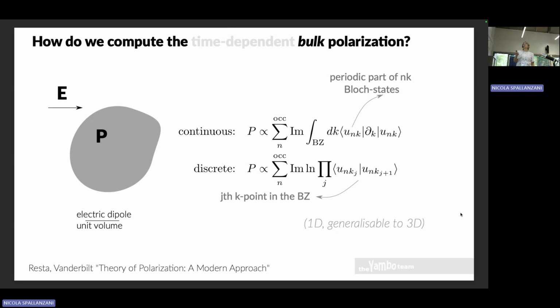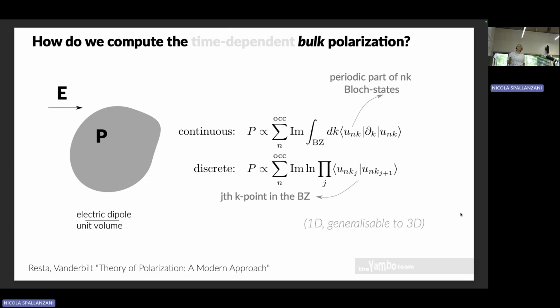So we can just generalize and use this momentum operator just to get the dipole. If you go to the discrete form, it looks like this quite ugly expression here, and you will have to calculate these overlaps.